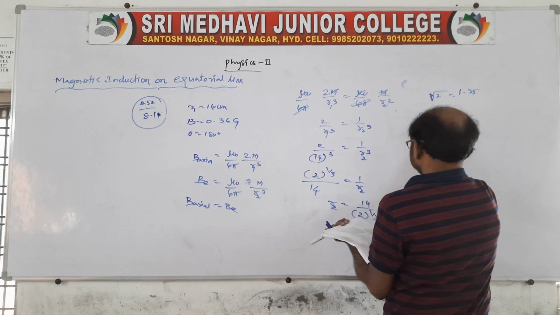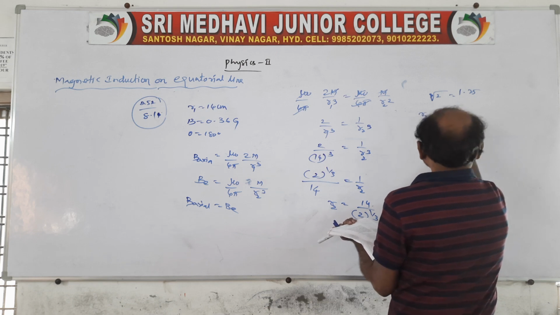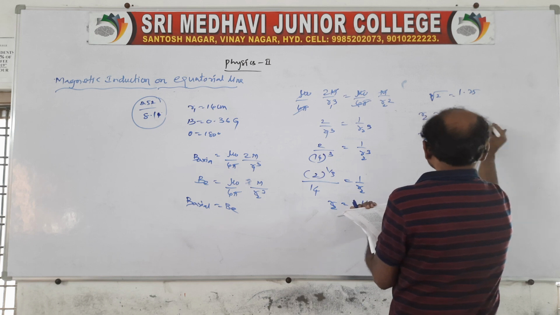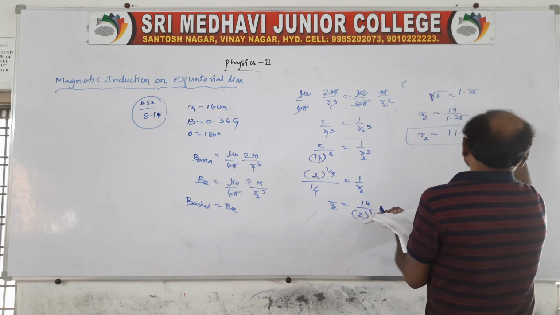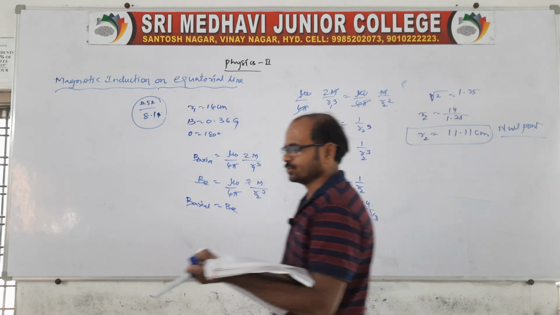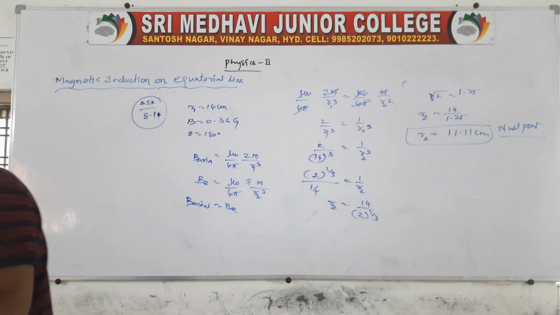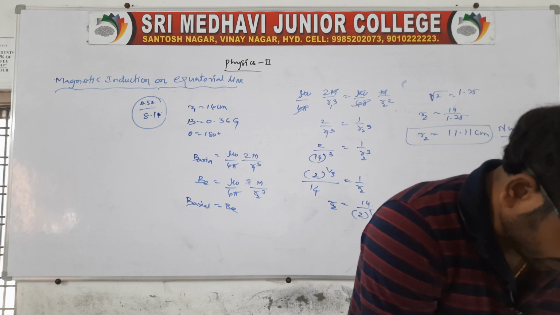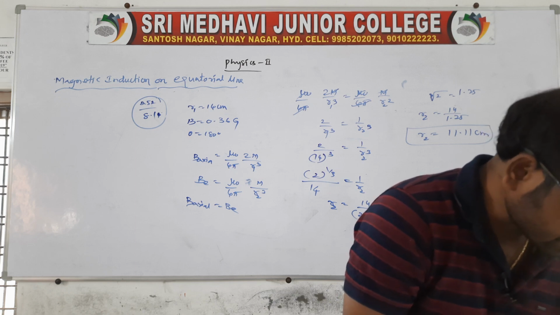R2 is equal to 14 by 1.25. The R2 value will be 11.11 centimeter, a null point where the field is 0 due to two poles, due to the equatorial plane and the axial plane. The field will be 0 at one point. Like that we have the problems on this basis.